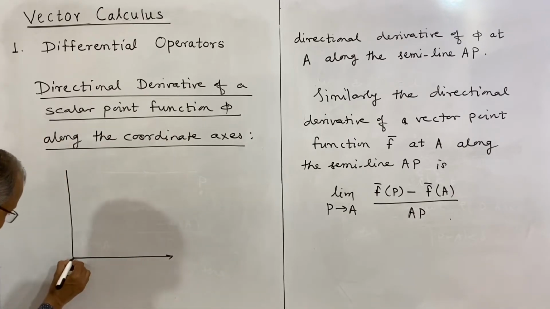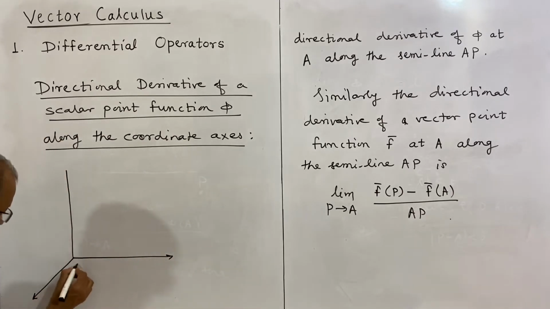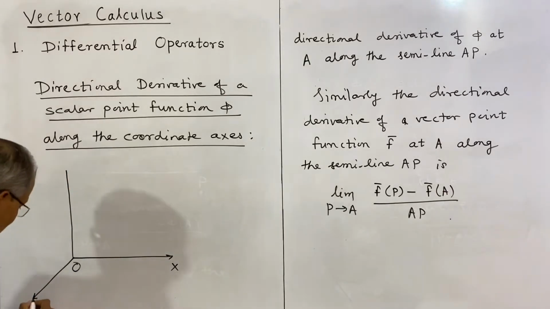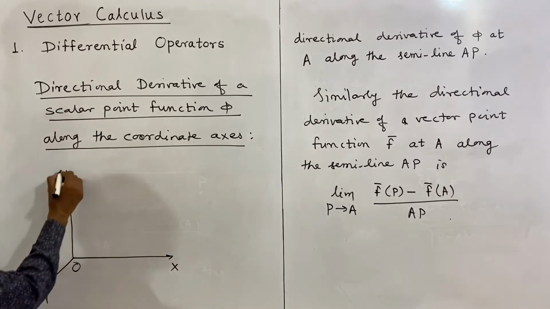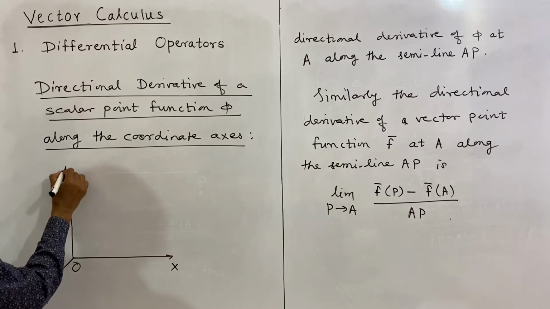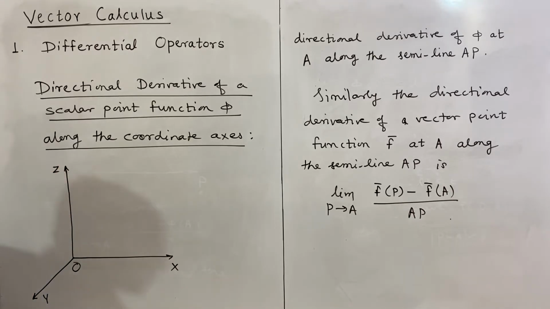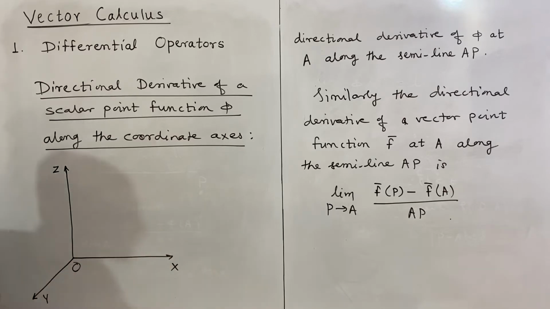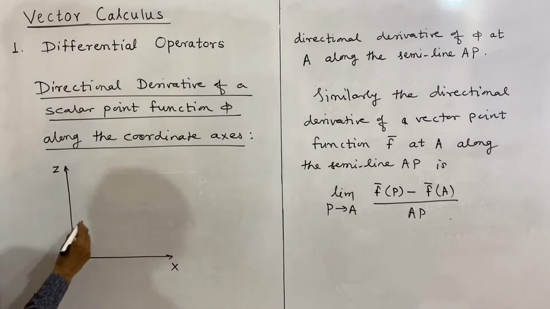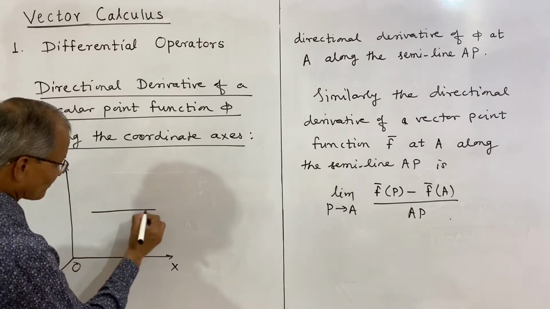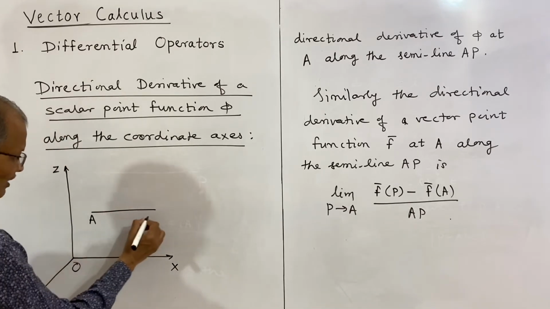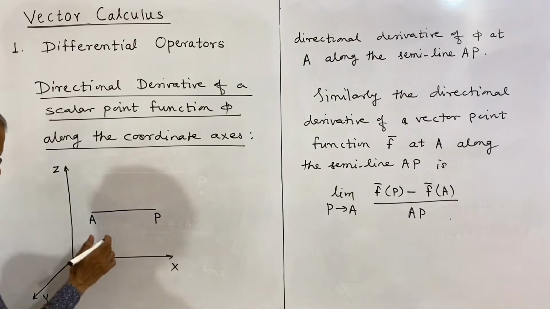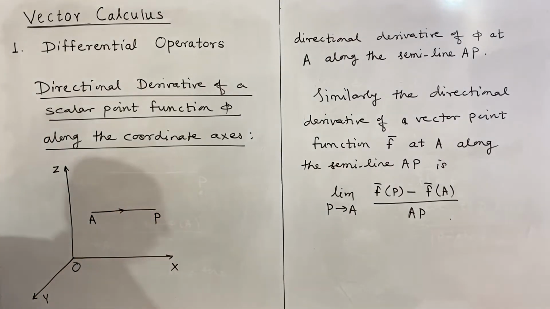Suppose these are the axes. This is x axis, this is y axis, and this is z axis. We want to consider the directional derivative along positive x axis, which means this direction, and therefore we take a line AP which is parallel to the x axis.